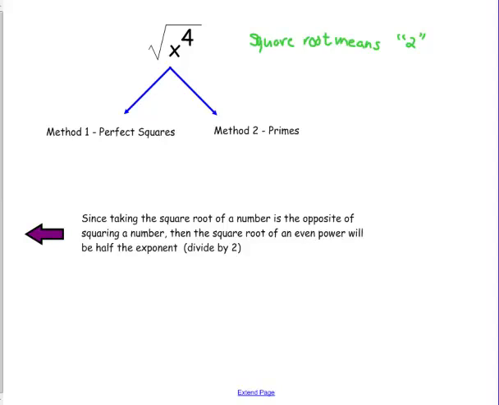Divide by 2. Did you see that? All we did was take x to the 4th. We take the exponent of 4, we divide it by 2. So the square root of x to the 4th is x squared.